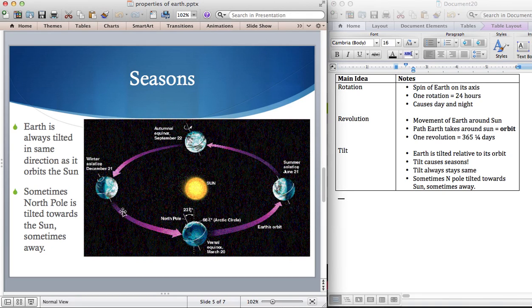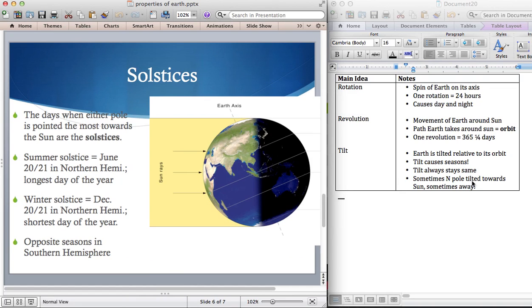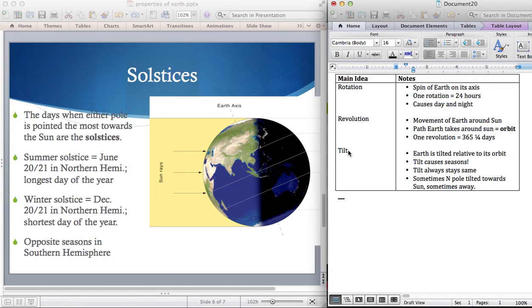All right, and let's talk about a couple of these important points in the orbit. So solstices are 2 days in the year when either pole is pointed at its maximum amount towards the Sun. So the solstice is a day where either pole is tilted the most towards the Sun.